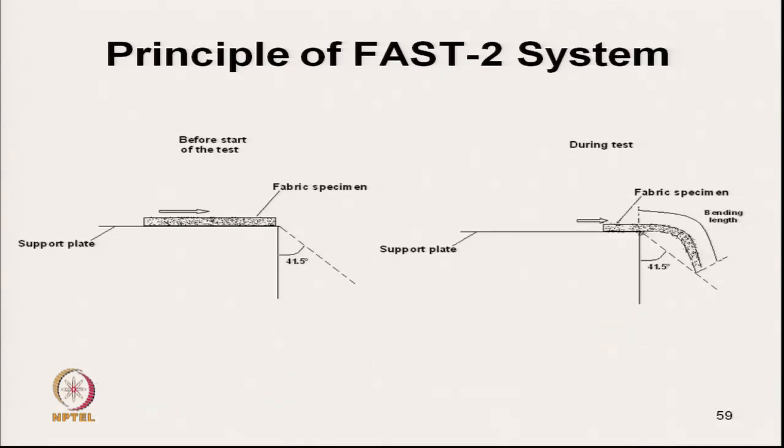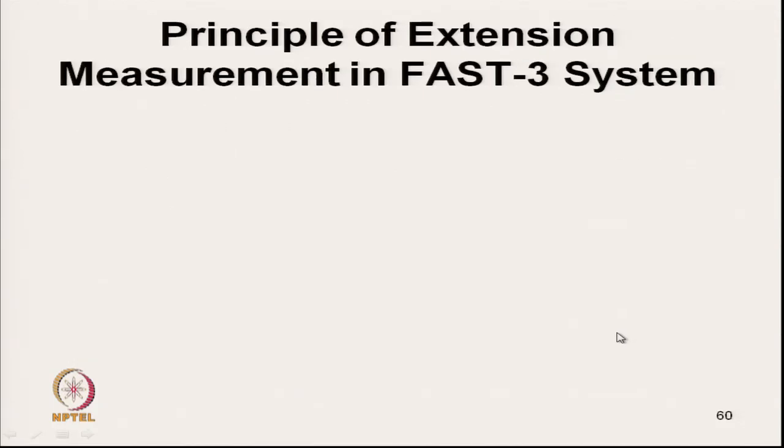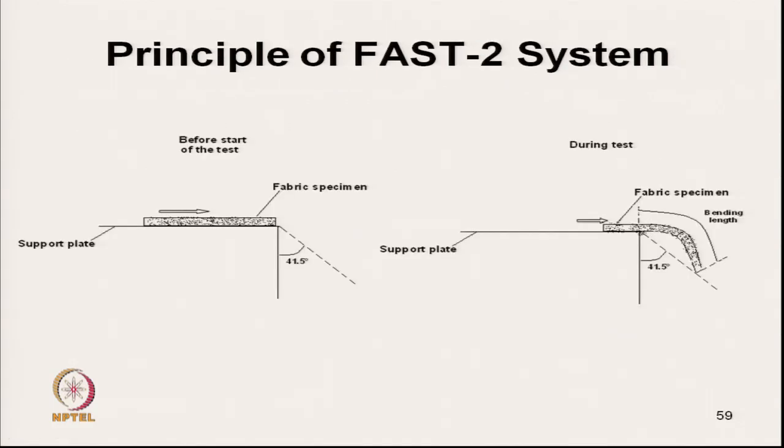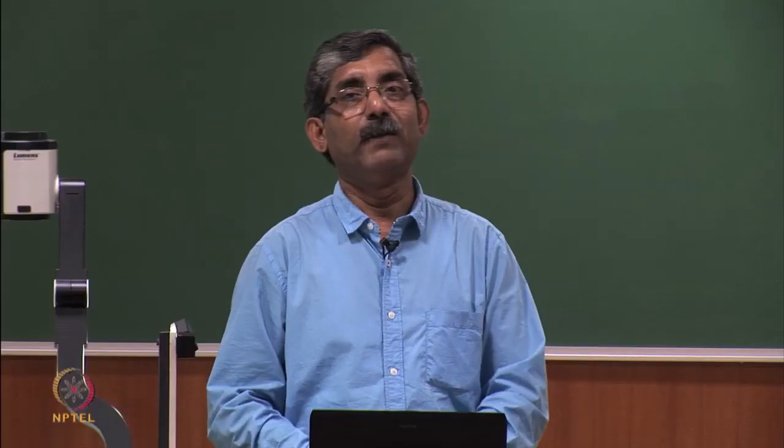The principle, as I have mentioned, is exactly the same as the Shirley stiffness tester which we have used earlier. The angle used here is the same as the Shirley stiffness tester, 41.5 degrees, and we measure the overhanging length, and from the overhanging length we calculate the bending rigidity of the fabric.